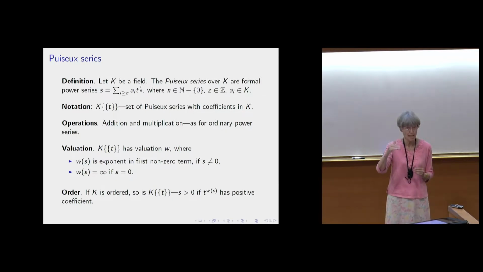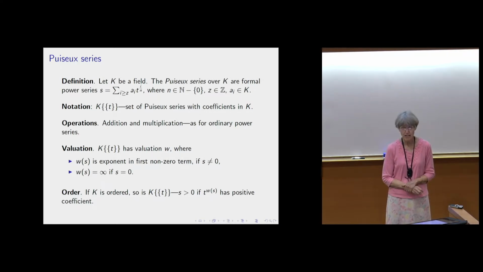There's a fixed denominator in the rationals. And the i could start at some negative integer possibly, and then go forward from that. There are different notations, but I'll write K with curly brackets for the set of Puiseux series with coefficients in K.